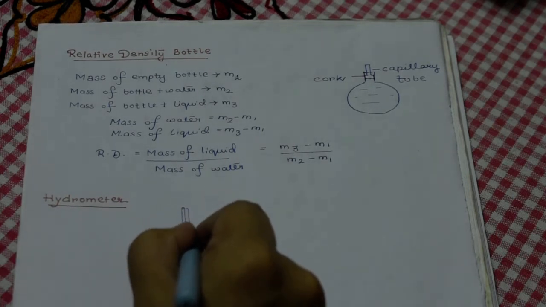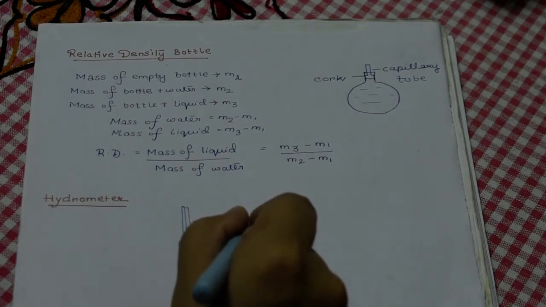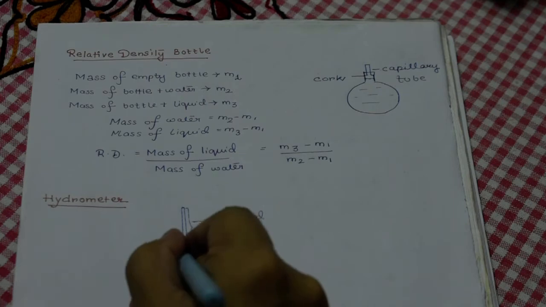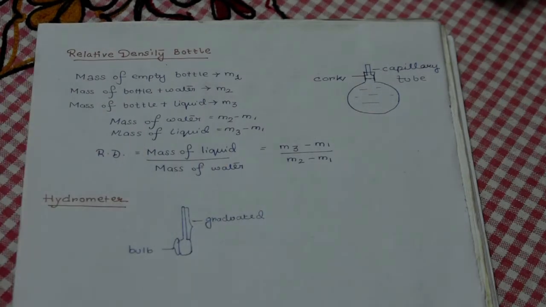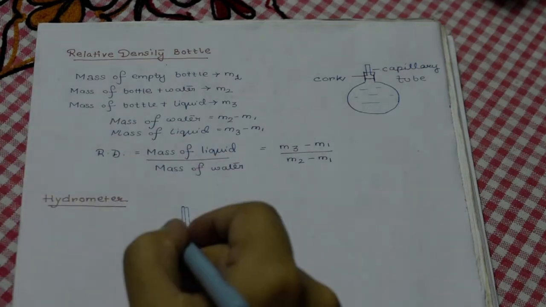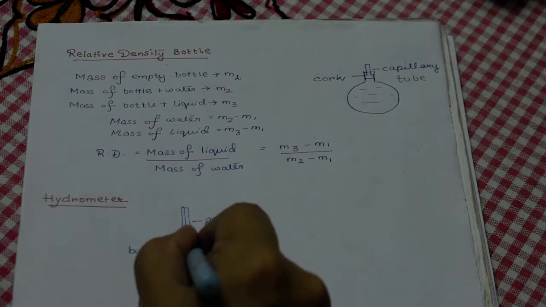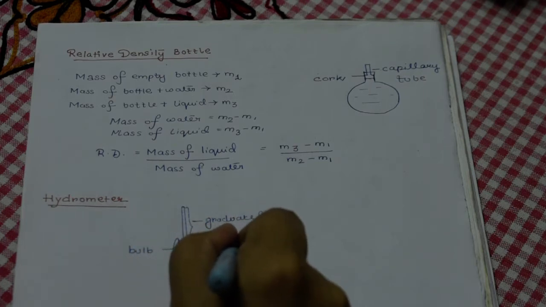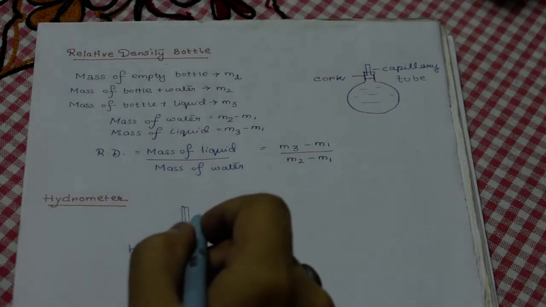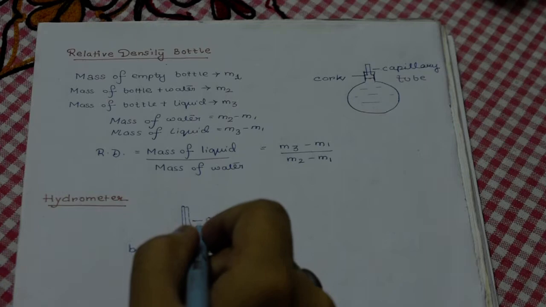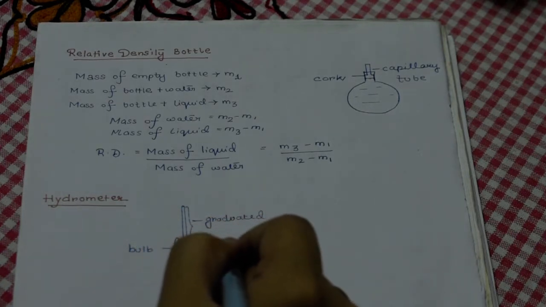This portion, this tube, is graduated, it is marked, and this lower portion, which is known as the bulb of the hydrometer, much like our thermometers, is made heavy by using lead shots. Generally, this entire structure is made up of glass. The cylindrical stem here is graduated, and the bulb is filled with lead shots.